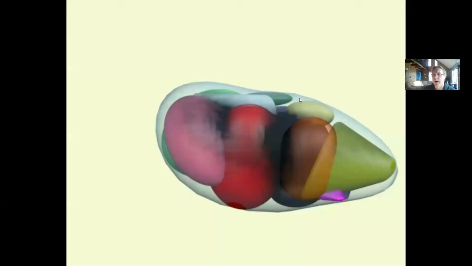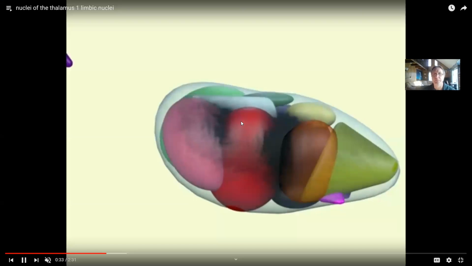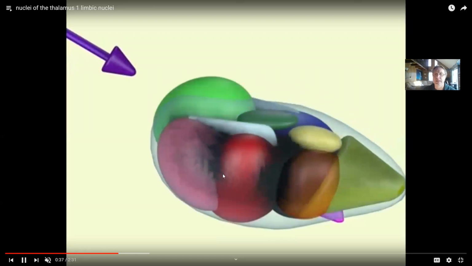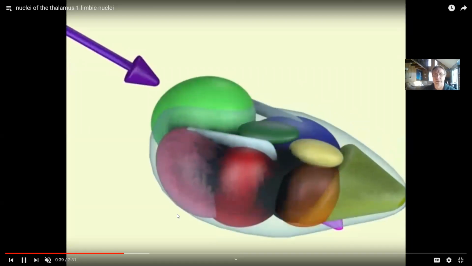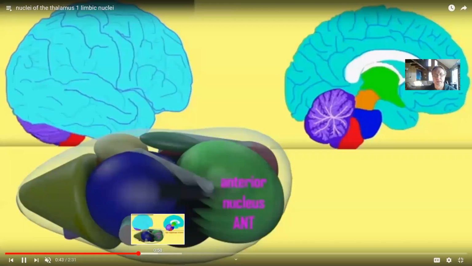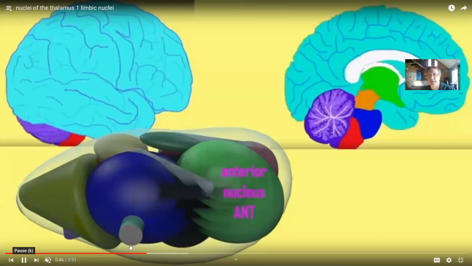We could name them, so whether these are dorsal or ventral, medial or lateral, that comes into some of their names, and each one would then have a three-letter abbreviation. So there's an anterior nucleus, ANT, for example, and you'll see far more.